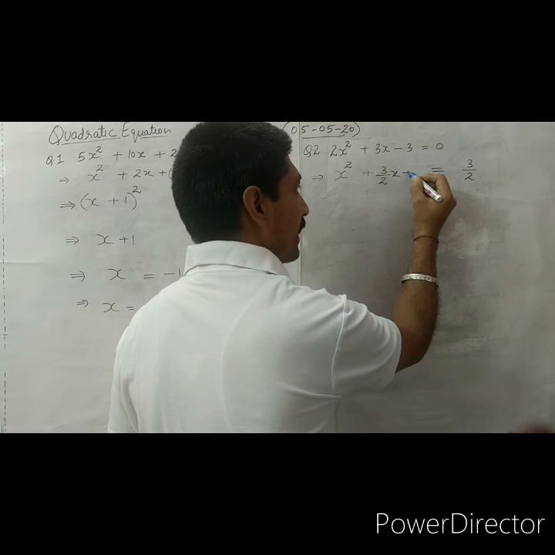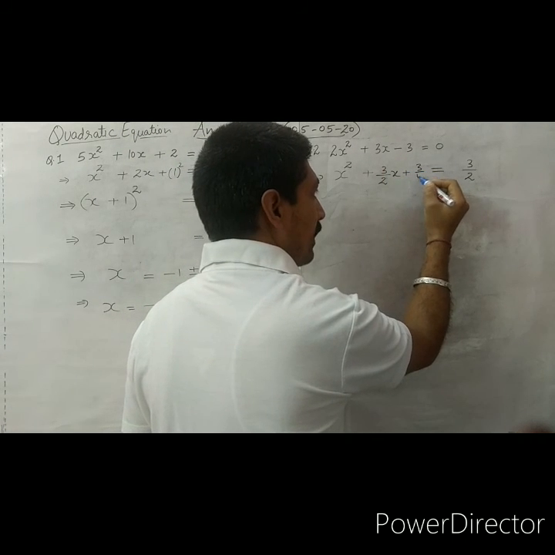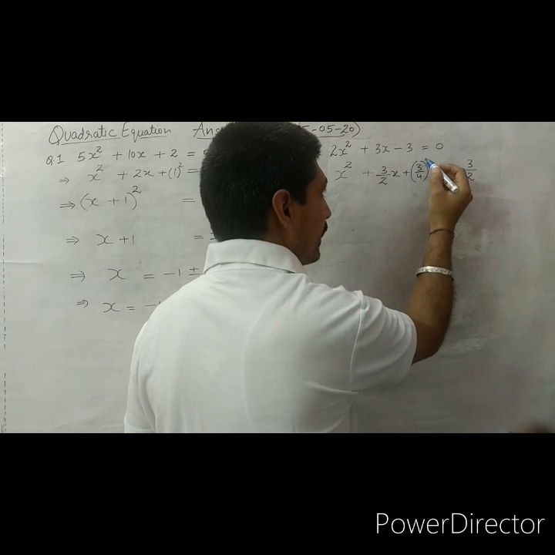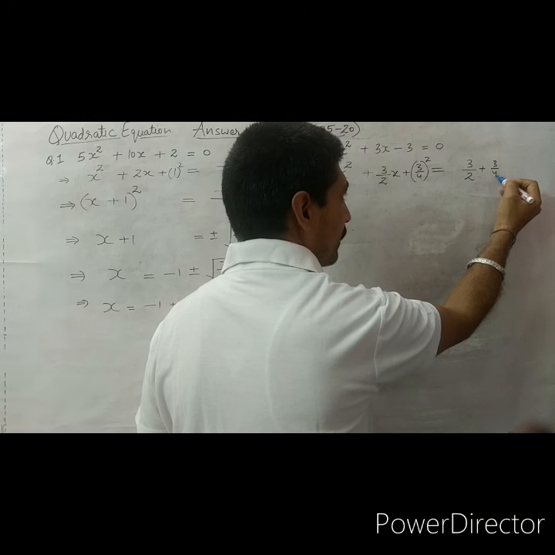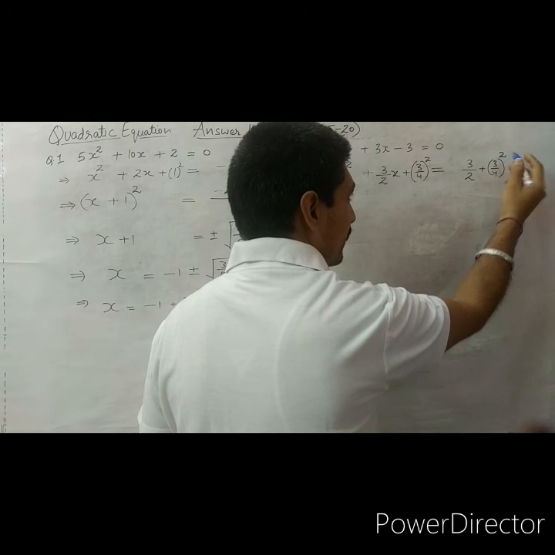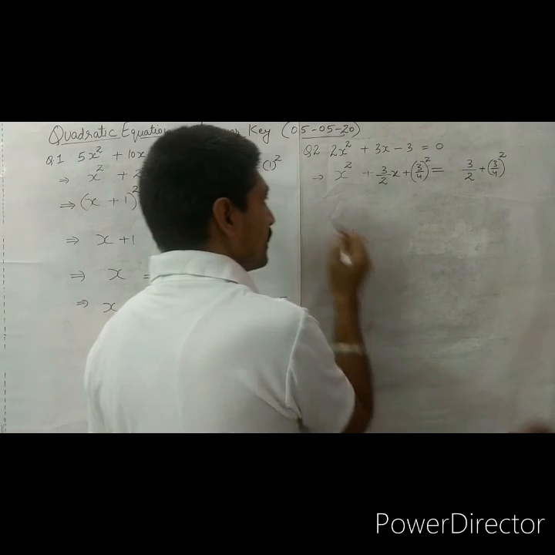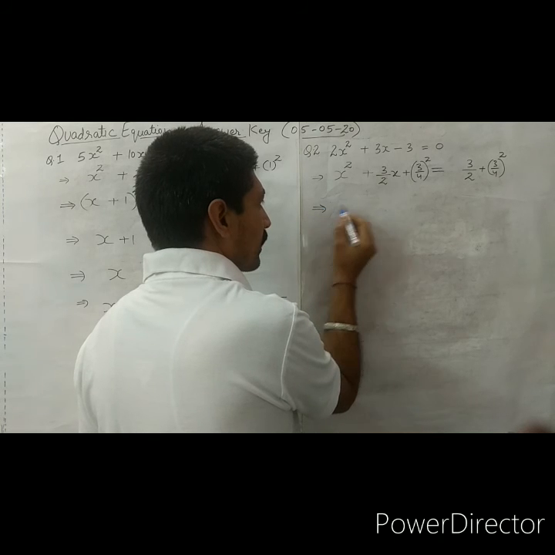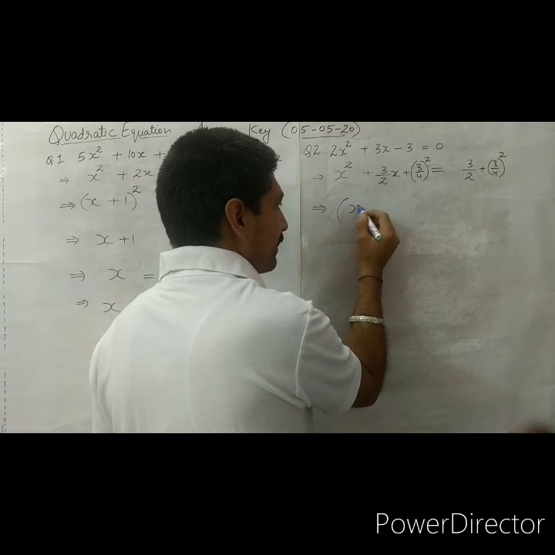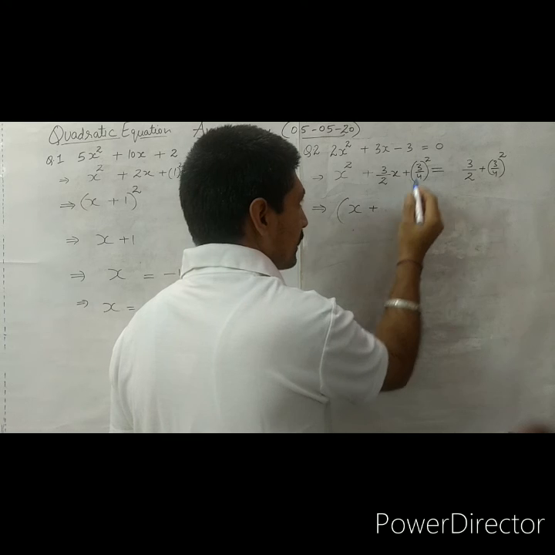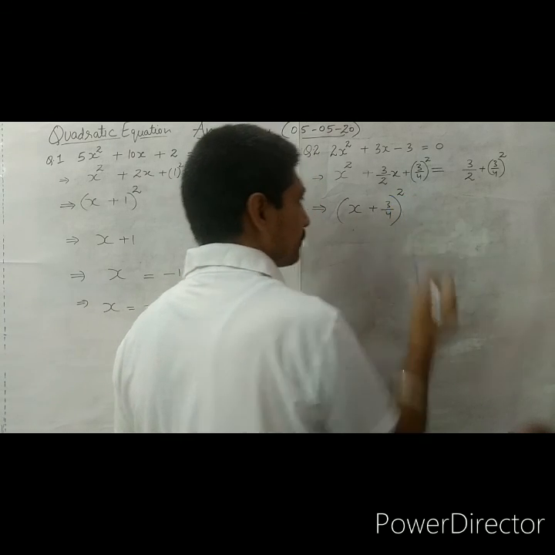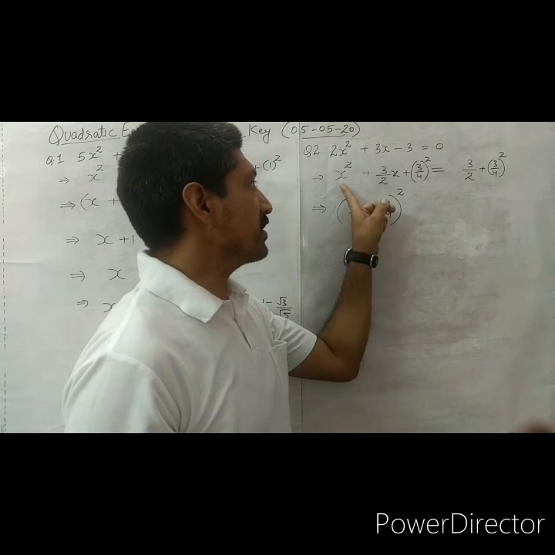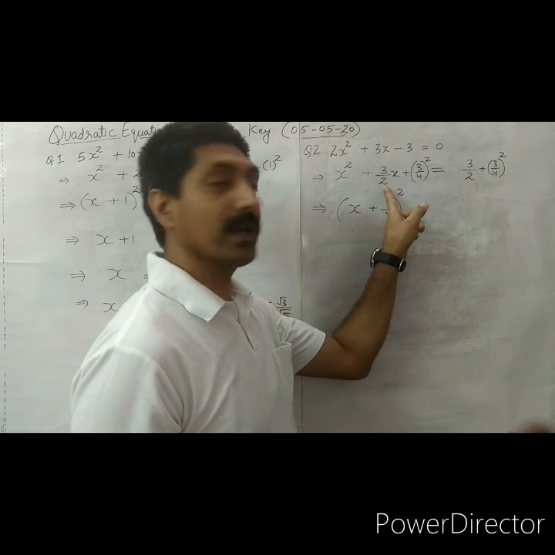So here on both sides we will add 3 by 4 whole square. 3 by 4 whole square is 9 upon 16 here. So when we write in the identity, x plus 3 upon 4 whole square, a square plus b square plus 2ab.